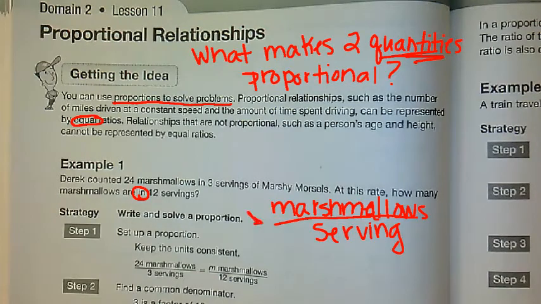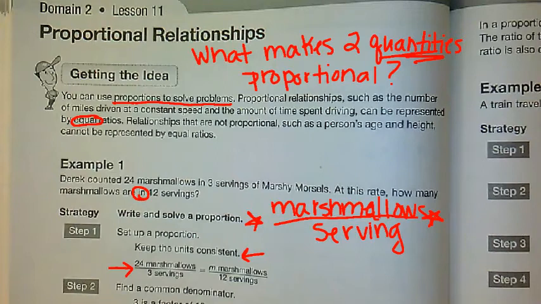This is something I want you to get used to doing. Okay? If we're just looking for a missing value, then it really doesn't matter which one goes on the top. But what matters is the consistency. And you see that we point that out right here. So, for example, in this ratio, we have marshmallows on top, servings on the bottom.